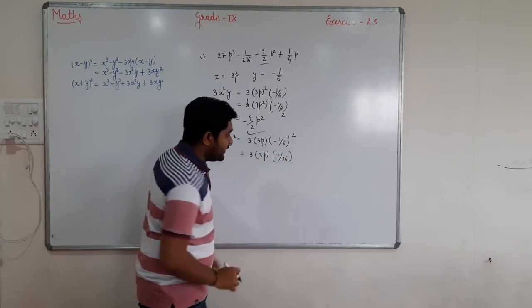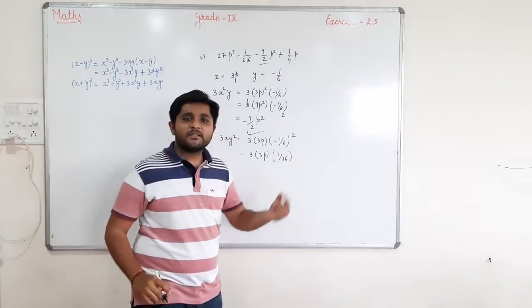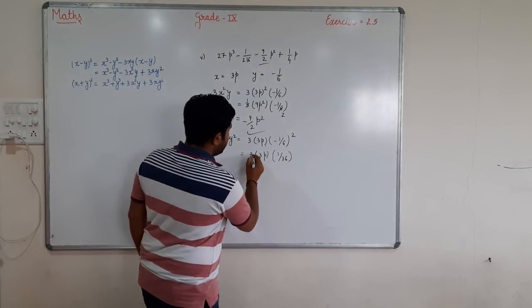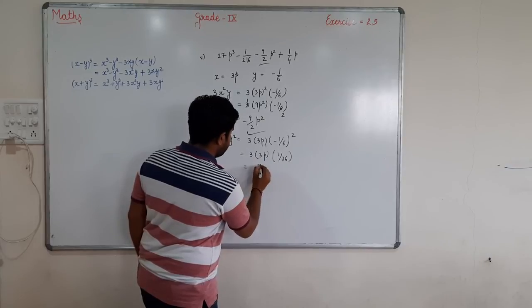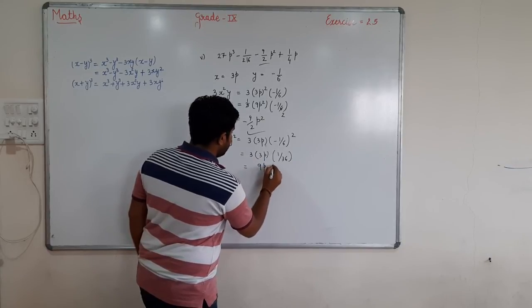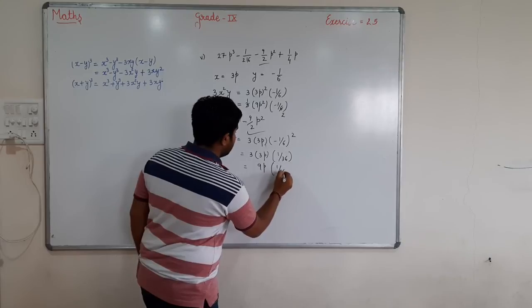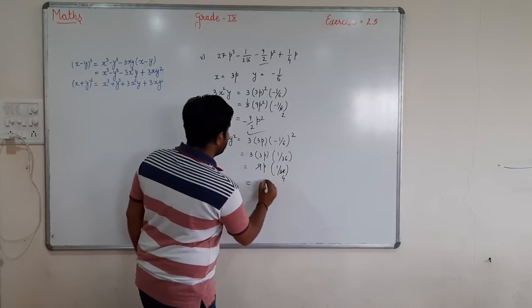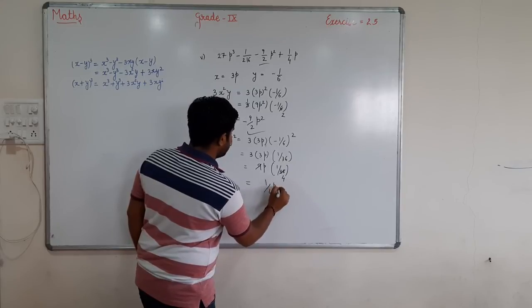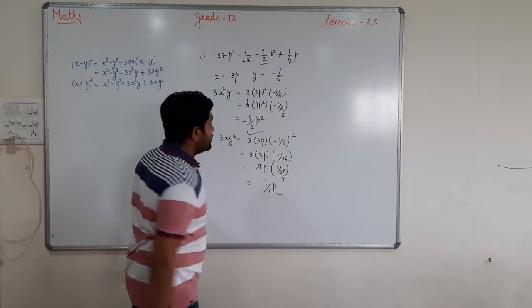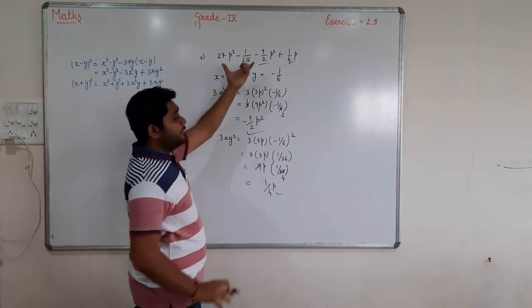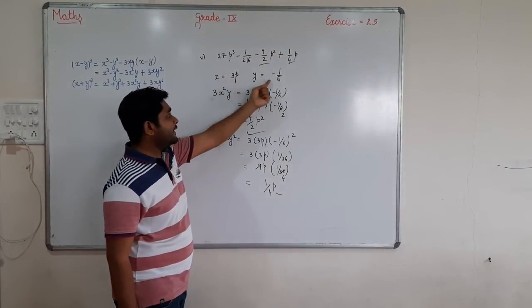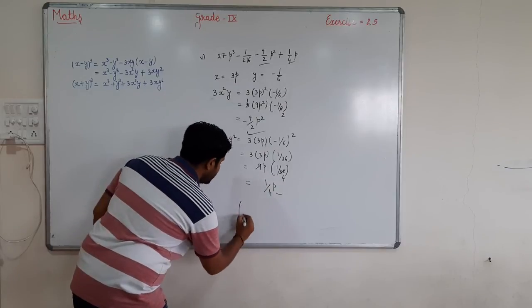And here minus is there, but power is even, so minus minus becomes plus. Now let me cut down these two. 3 3s are 9, 9p, 1 by 36. So we know that 9 4s are 36. So it's 1 by 4p. So we got it here. So we can say that this expanded form is 3p minus 1 by 6 all raised to power 3.